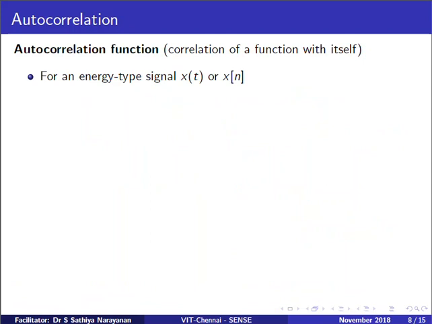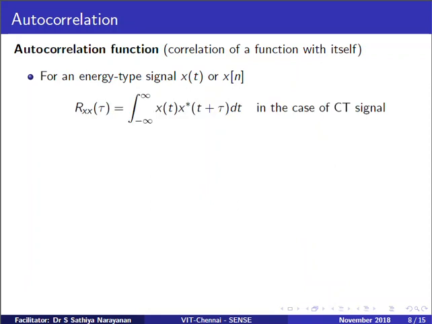Here both are the same, so we can just replace y in the cross correlation formulas with x. So for an energy type signal x of t, the autocorrelation will be minus infinity to infinity x of t x conjugate of t plus tau dt.